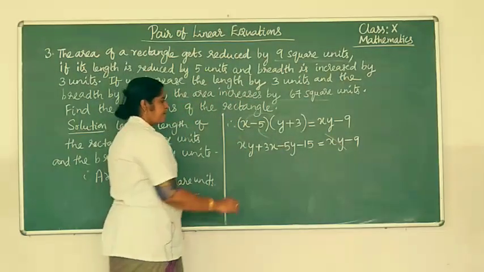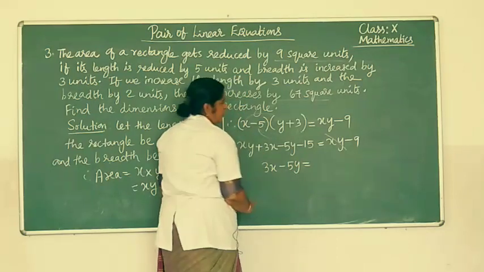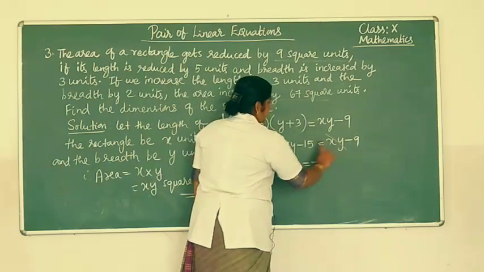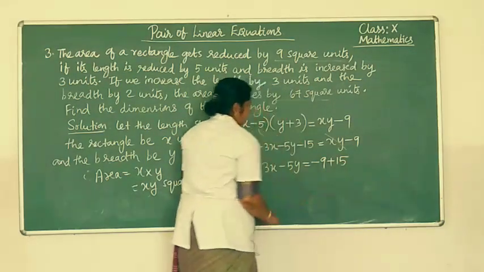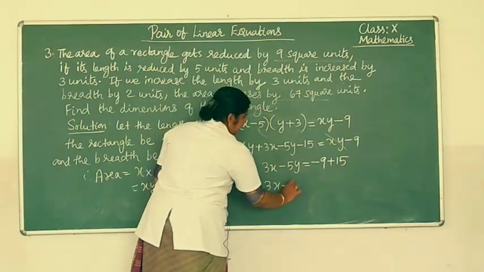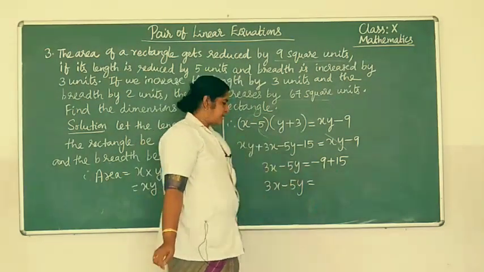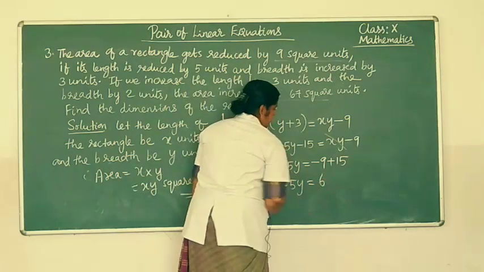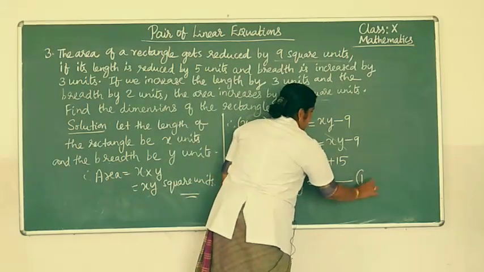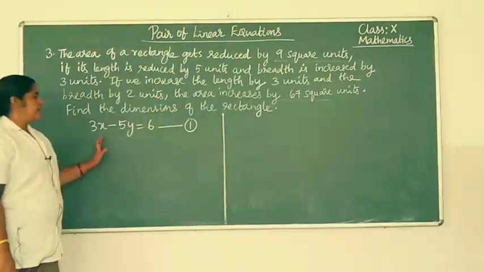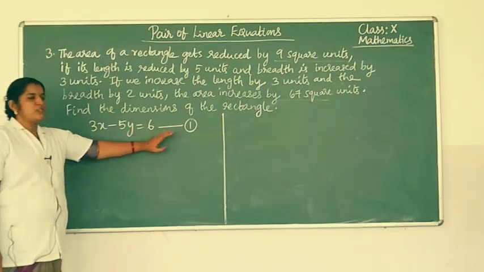What is remaining? 3x minus 5y equal to minus 9, and minus 15 taken to the right side becomes plus 15. So we got 3x minus 5y equal to, what is minus 9 plus 15? It is 6. So we got the first equation. Name it as equation number 1. This is our first equation, 3x minus 5y equal to 6.